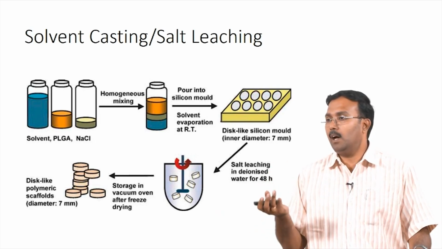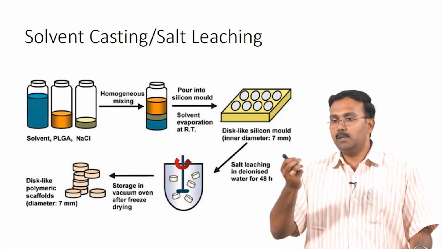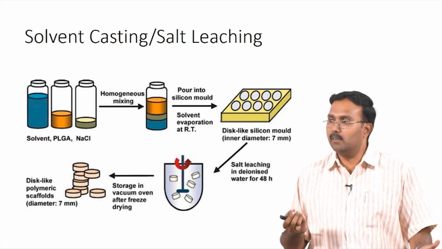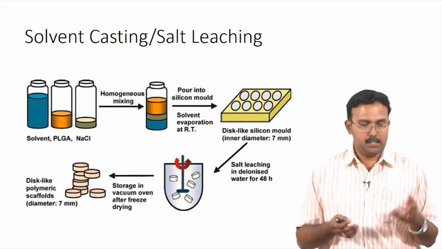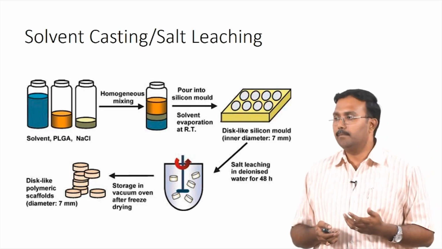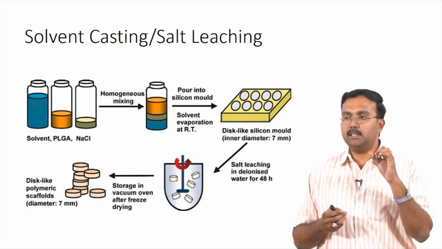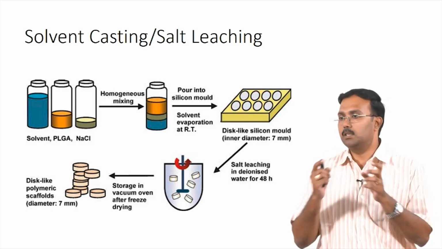So, what you have is a polymer disc in which the salt is dispersed all over, right. You put it in water and wash it. What will happen is you would have dissolved all the salt away. Now the positions in which the salt was present have these pores.